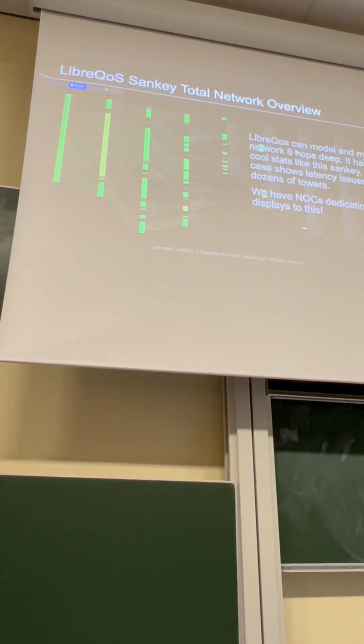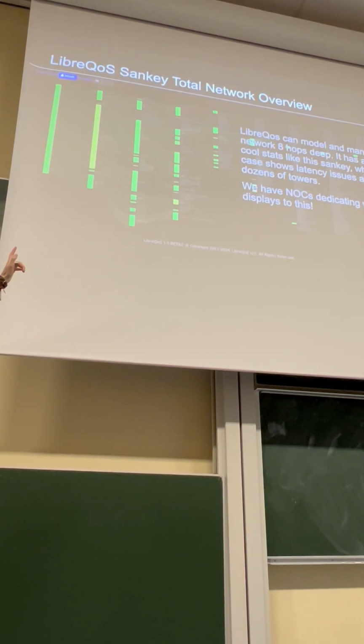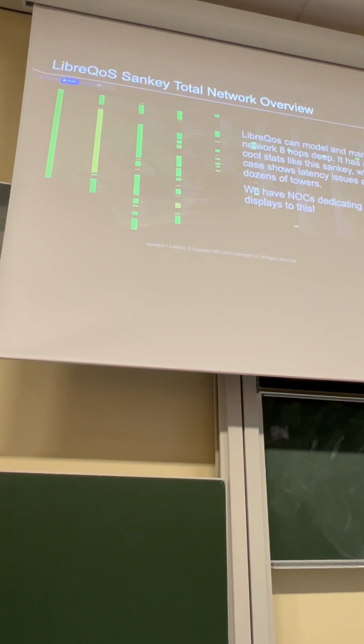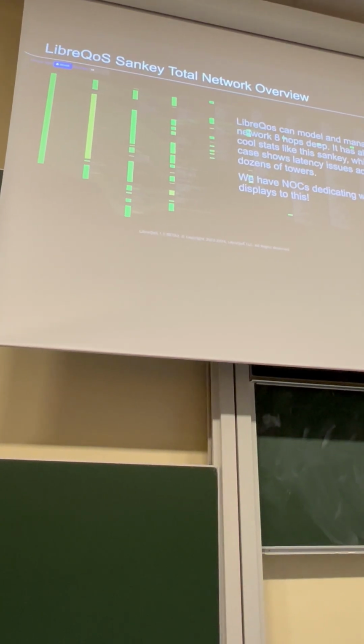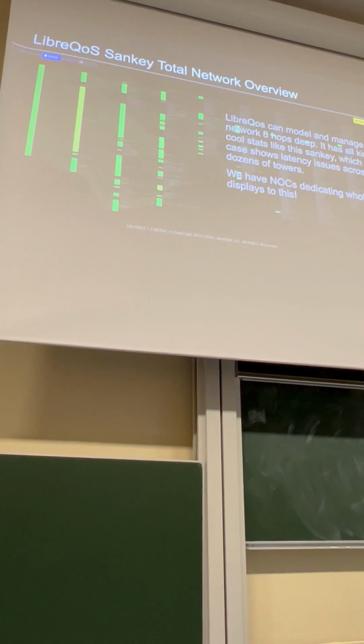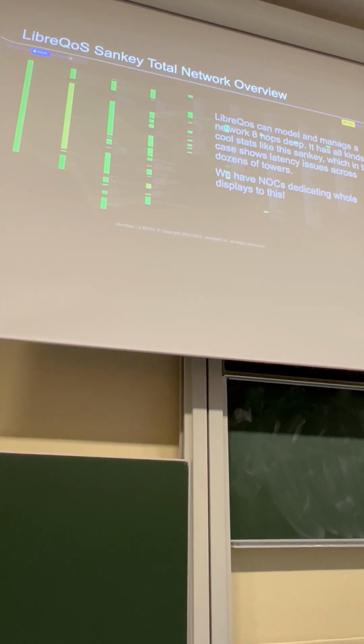They can see all the faults. So when there is a problem, they will see red, right? And they can jump in and drill down to the particular problem that's happening in the network. So this is clickable, so you can go down to the access point level.